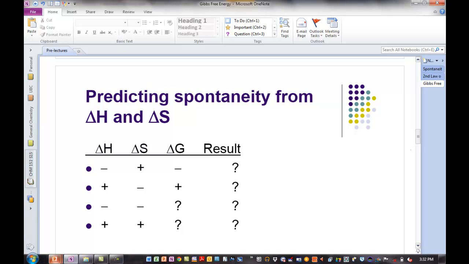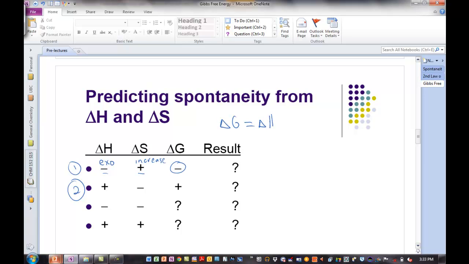Just knowing the signs of delta H and delta S will allow us to predict spontaneity in a couple of cases. The first two that are presented here are cut and dried. In the first case, we have an exothermic reaction that leads to an increase in entropy, so a negative delta H and a positive delta S. In these two situations, we will always get a negative delta G. Make sure you can convince yourself of that.